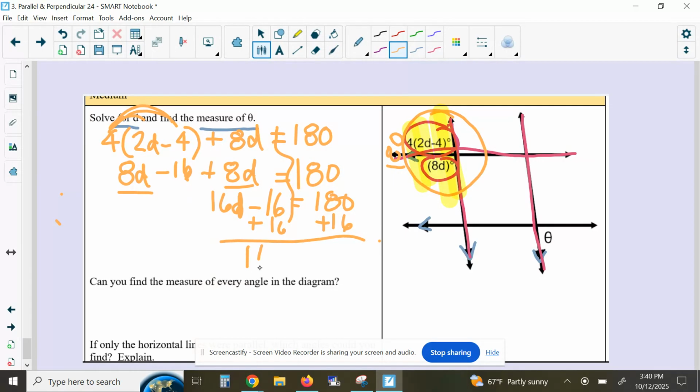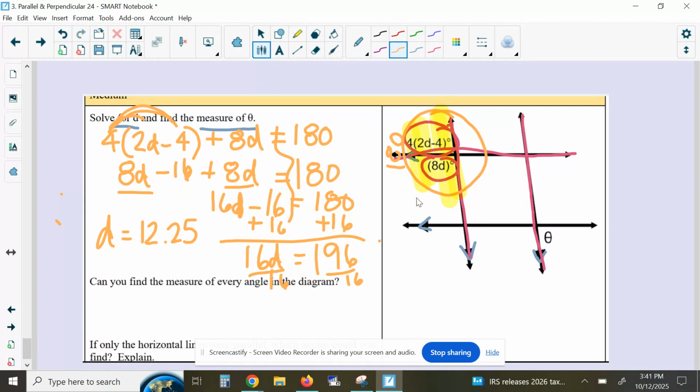So I get 16d is equal to, what is 180? Check out your calculator. 180 plus 16 is 196. And then I have to divide both sides by 16. So I have 196 divided by 16. And that gives me 12.25. So d is equal to 12.25.